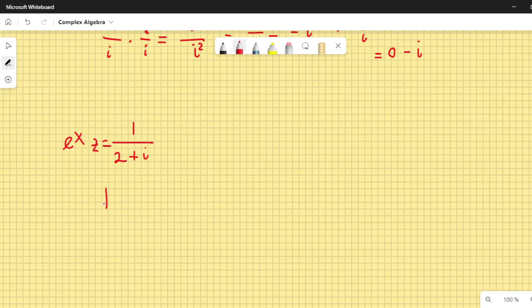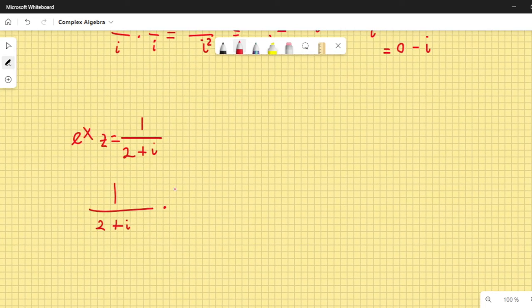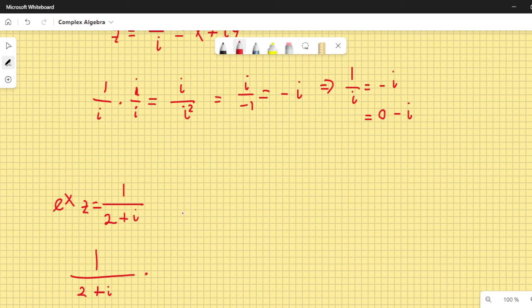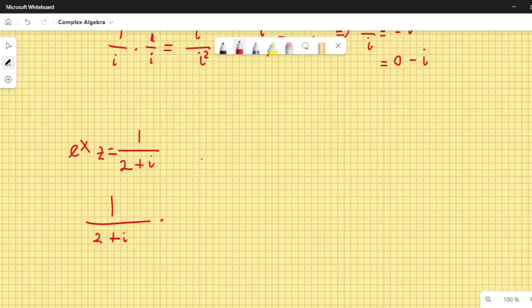You may be tempted to proceed like this, the same as above: I'm just going to multiply above and below by the same. But if you do this, 1 multiplied by 2 plus i is 2 plus i, and below I have a square.